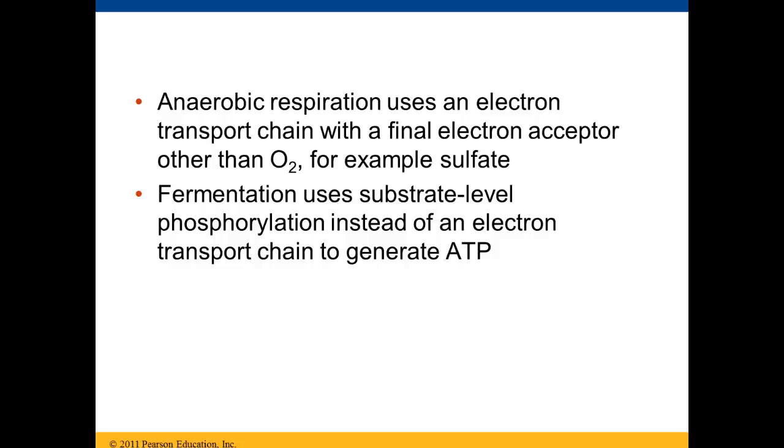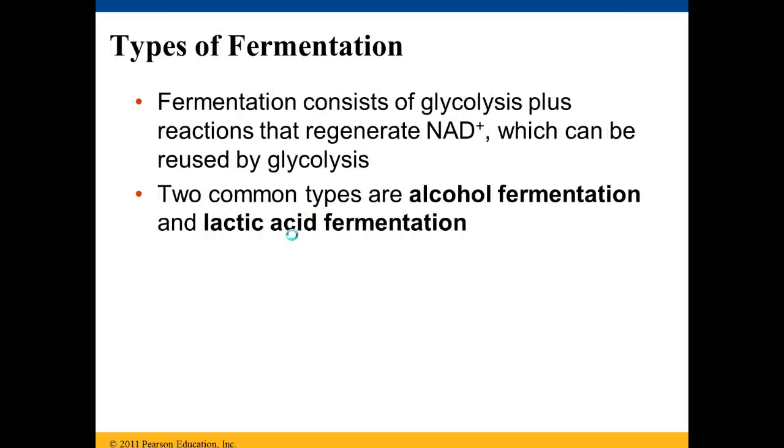Okay, and fermentation uses substrate level phosphorylation, which we know is transferring a phosphate to a substrate and then generating ATP. With substrate level phosphorylation, we don't get a lot of ATP generated. Fermentation consists of glycolysis plus the reactions that regenerate NAD+.